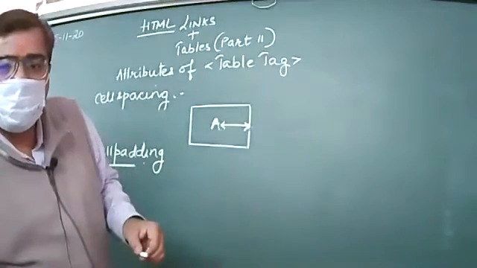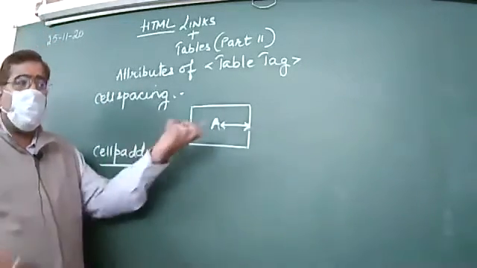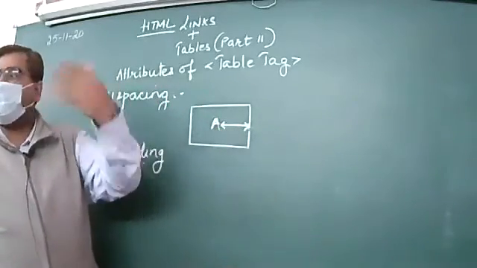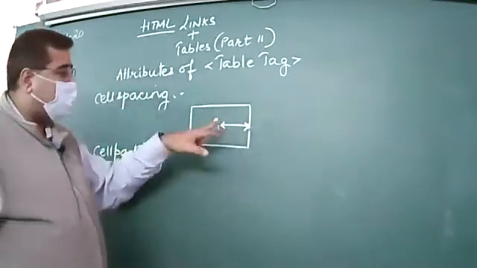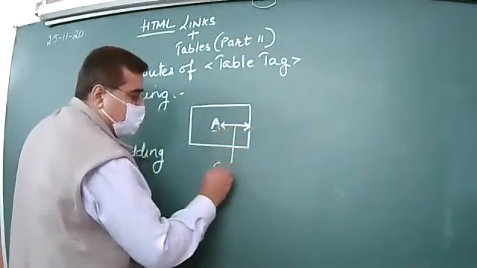Whenever you are having this question, you write the definition as the difference point. Secondly, you draw this figure also. Draw a small diagram to represent your point. Like this is, you can say, the gap between A and the border refers to the cell padding.